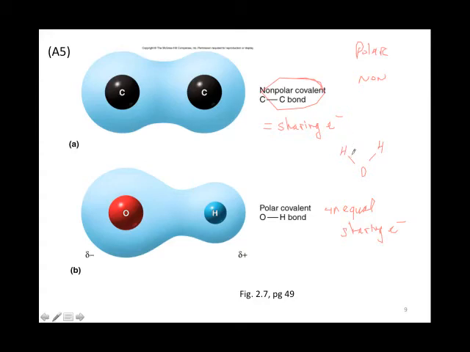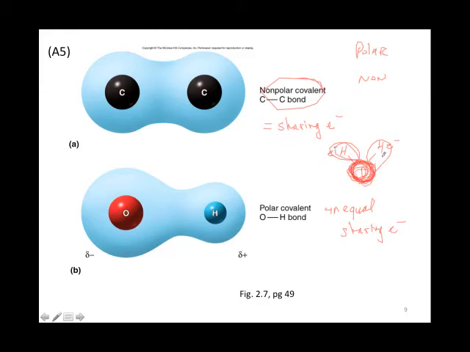And what we end up getting is that 1 electron from this hydrogen and 1 electron from this hydrogen will both spend more time rotating around this oxygen than they will around the hydrogen.